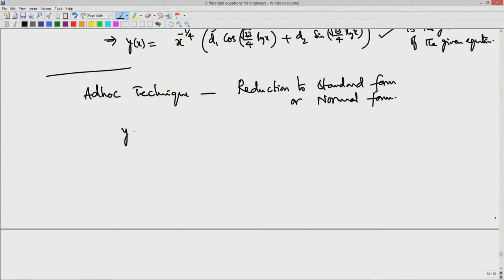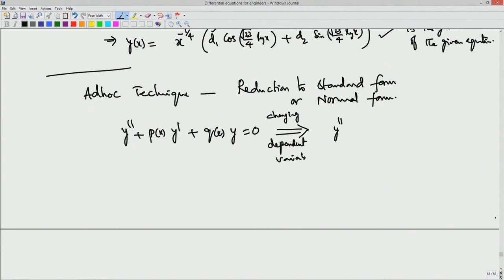What I do is I convert this, p x y dash plus q x y equal to 0, I want in this form: y double dash. So, I am changing the dependent variable here. Changing the dependent variable, what you do is you want this equation.